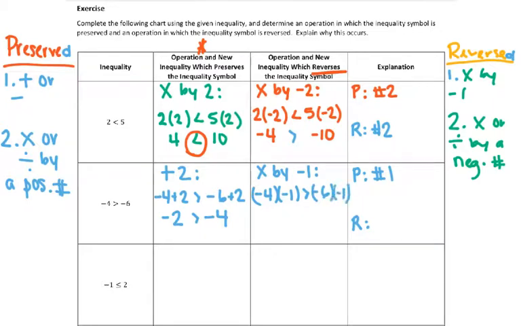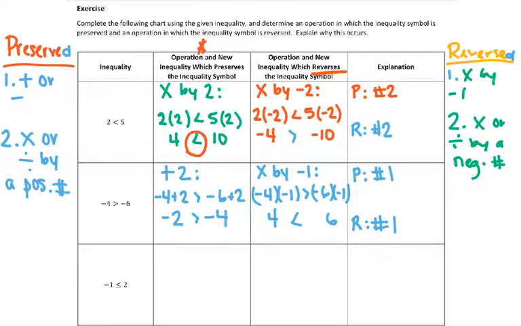Okay, so -4 times -1 is 4. And negative 6 times negative 1 is 6. So I can no longer say that 4 is greater than 6 because it's really less than 6. So the reason or my explanation is number 1 on my reversed side.